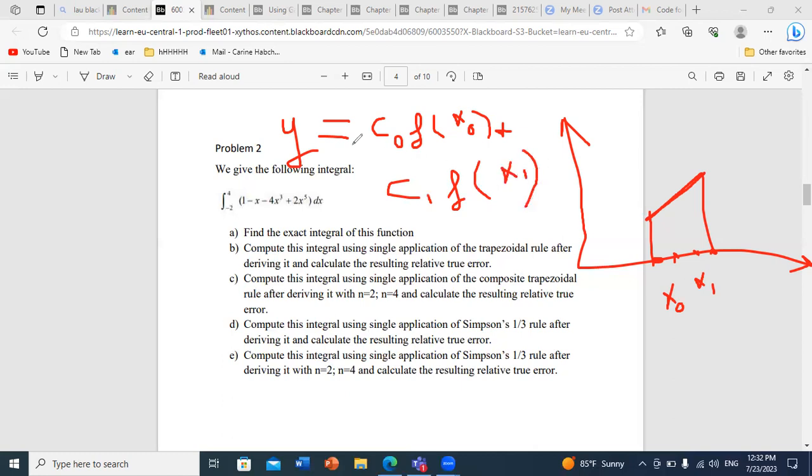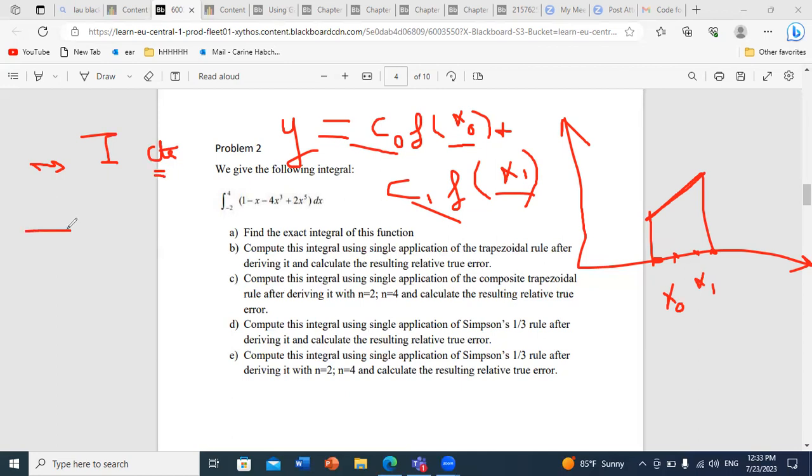You want to search for c0, x0, c1 and x1. What are these equations that you can write? First, this linear equation will certainly give you the exact integral if you have a constant function. So the first equation you get is from computing the integral for a constant function.